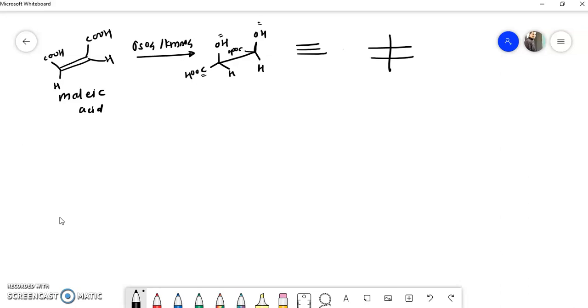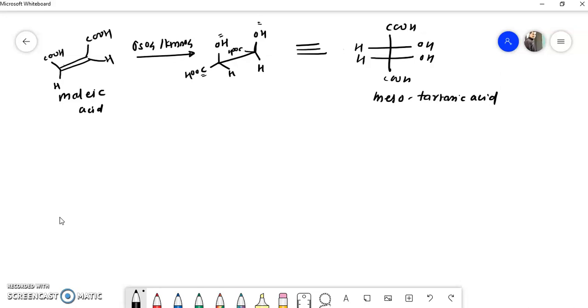Similarly, hydrogens are on the same side. So we will get this kind of product. These are the COOH groups. So OH groups are on the same side and the hydrogens too. So always remember that a cis alkene gives a meso product. So this is meso tartaric acid.